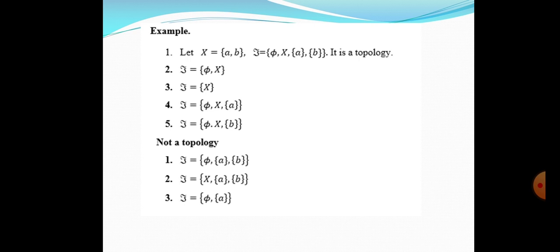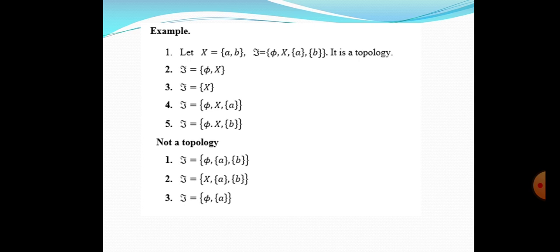So here there is no empty set, so it is not a topology. So the third example, tau equal to empty, singleton set A. In this topology, so here empty, singleton set A.